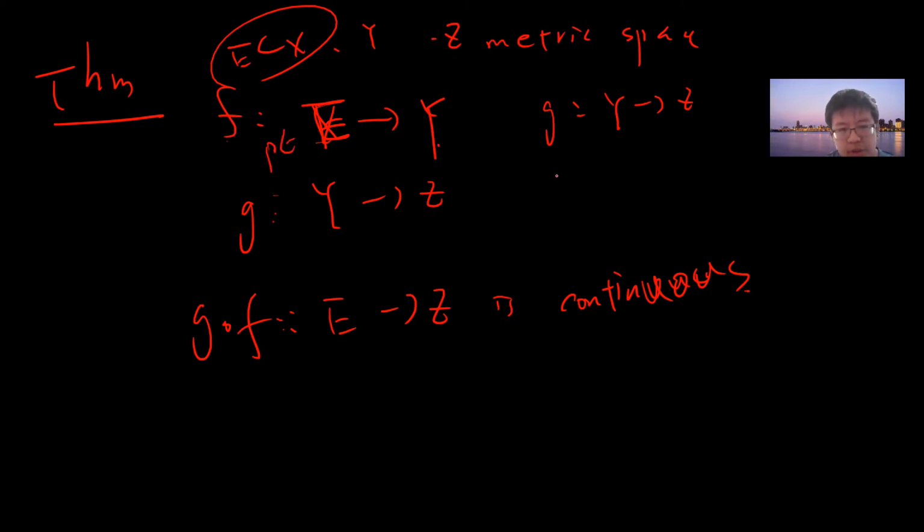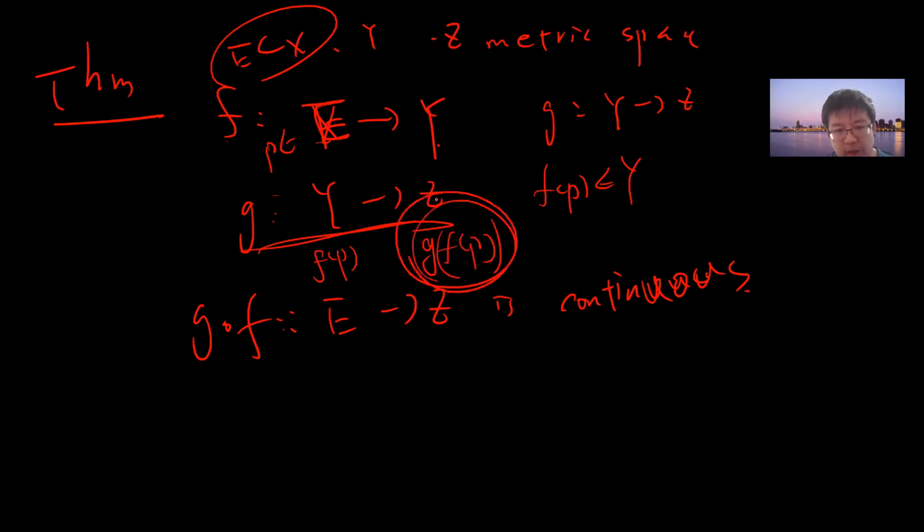P belongs to E, and f of p belongs to y, and g is a continuous function. g is continuous at f of p. Then we want to prove that g of f at p, as a composite function, is continuous at p. Okay, so by definition, I pick epsilon greater than 0.